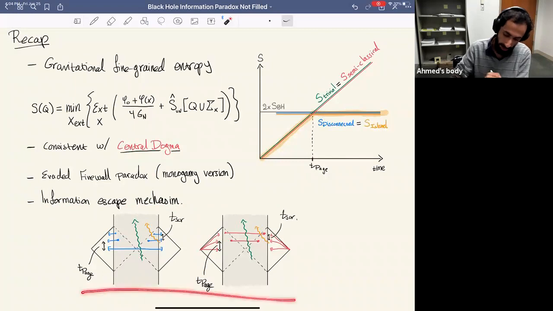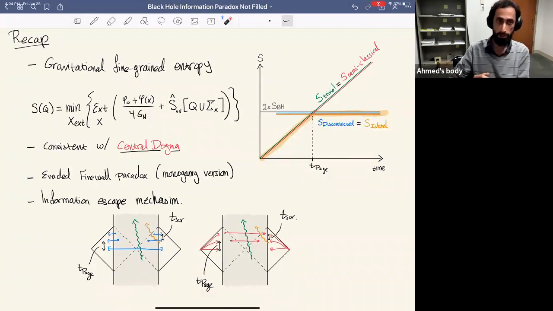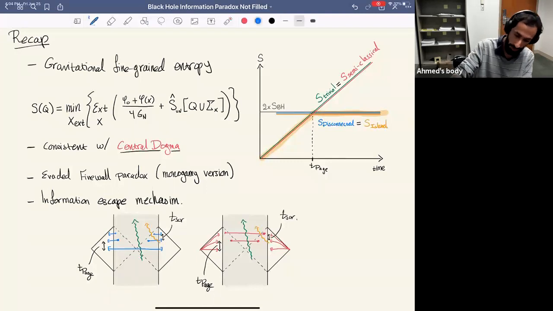In these two diagrams, I'm showing the evolution of a slice of the entanglement wedges for the wormhole, as in the wormhole system as seen from the outside, and also for the radiation.